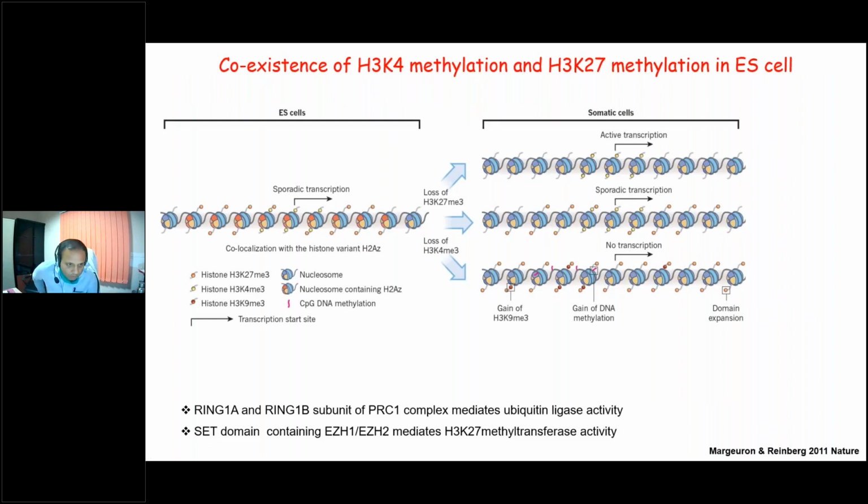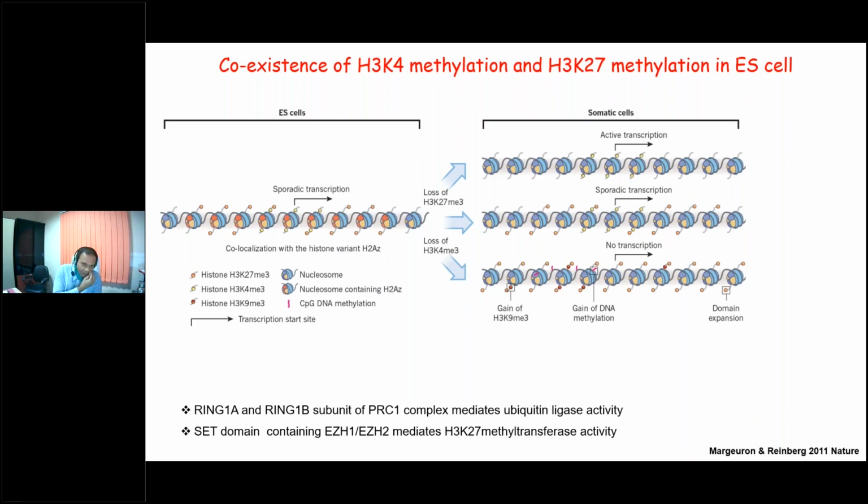One more thing I want to highlight here is there are situations in which both H3K27, that is a repressive mark, and H3K4 trimethylation, that is an active mark, can be present on the same promoter at the same time together. And this kind of situation is called bivalent promoters.